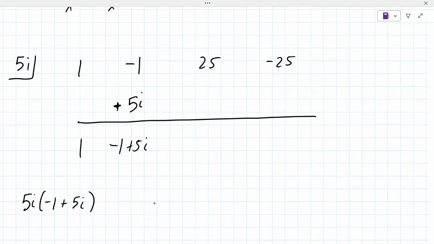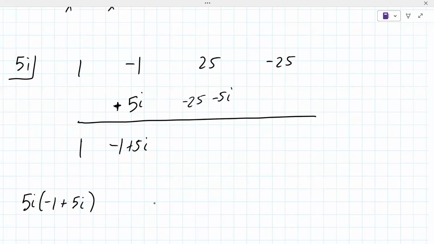The negative 25 minus 5i. I'm sorry, you said -25 minus 5i. Yes. All right, that is correct.